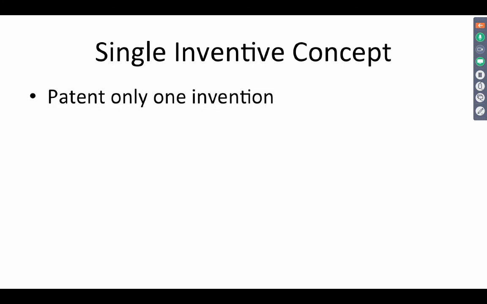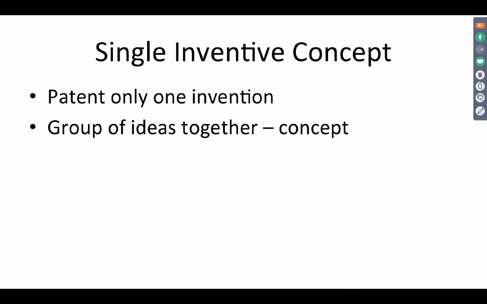Single inventive concept is a requirement under the Patents Act. A patent can be only for one invention. If there are a group of ideas together, then you would group them together as one single inventive concept. We had mentioned this earlier. Section 10(5) of the Patents Act mentions that the claim or claims of a complete specification shall relate to a single invention or to a group of inventions linked so as to form a single inventive concept.